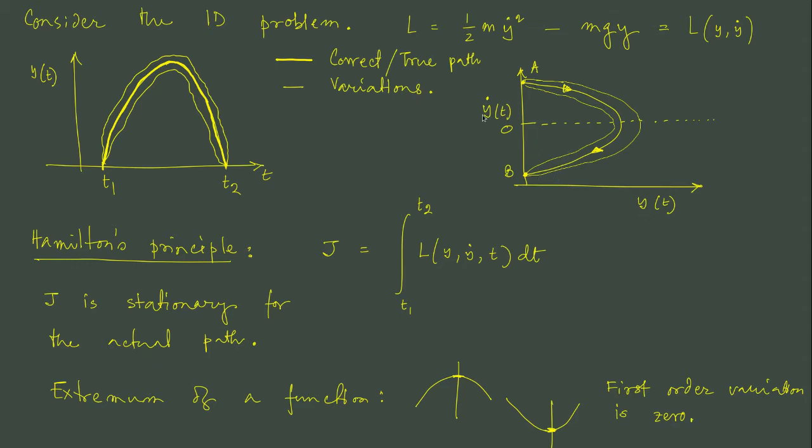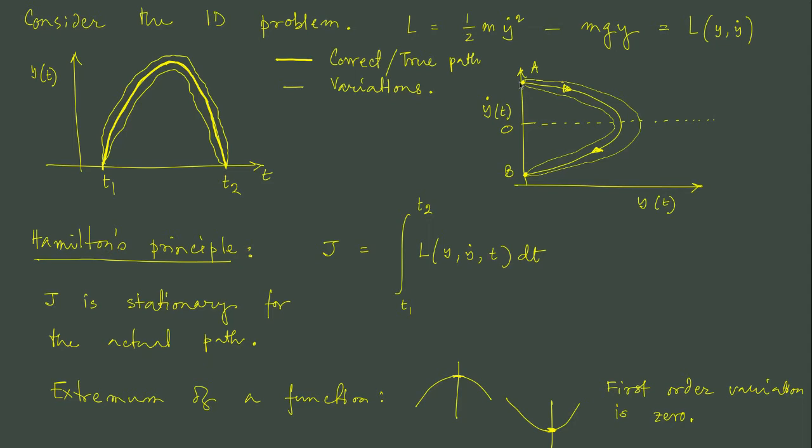In fact, to designate the path, we can also plot y and y dot. We can plot the velocity versus the position, so y dot versus y. Why do we do that? Simply because we have already seen the Lagrangian to be a function of y and y dot, so at least we would like to see how y and y dot depend on each other.